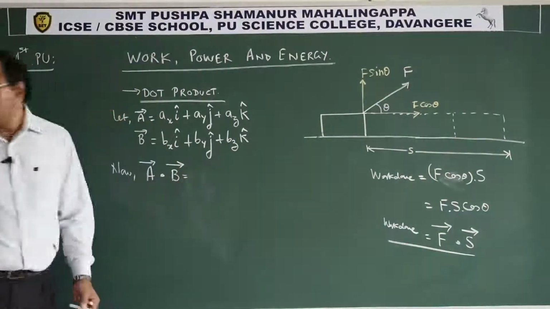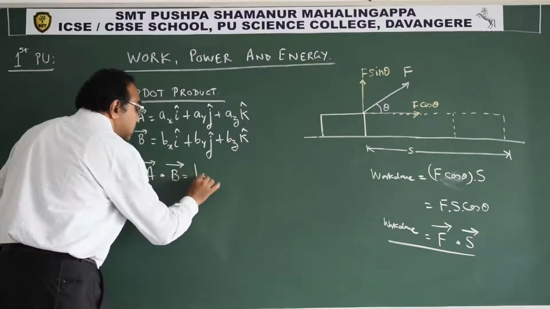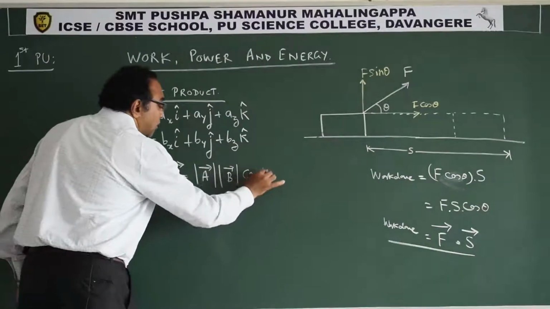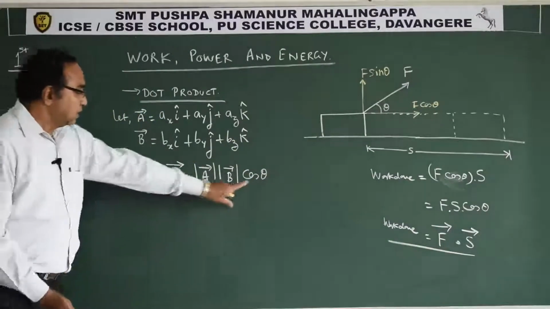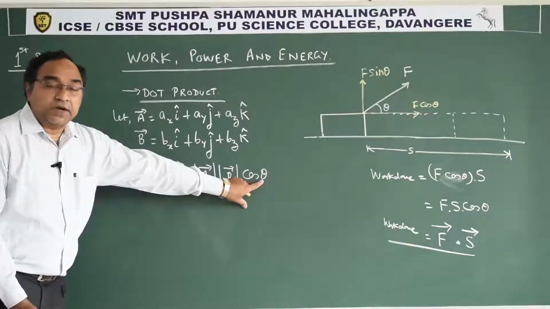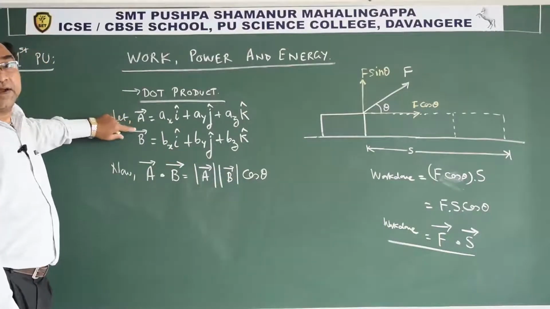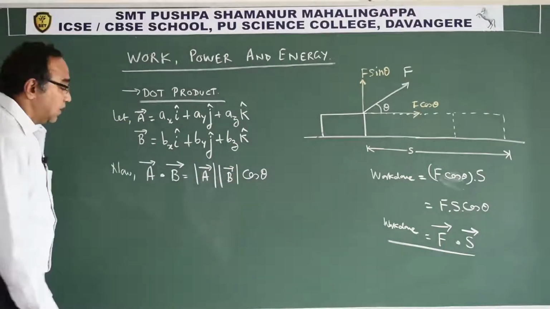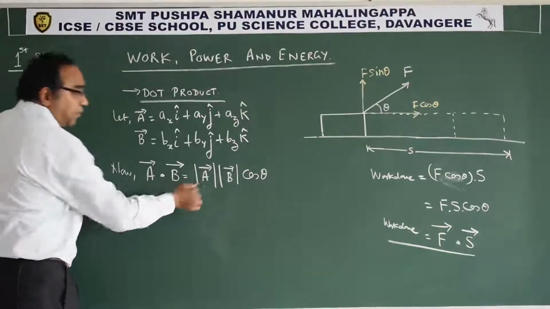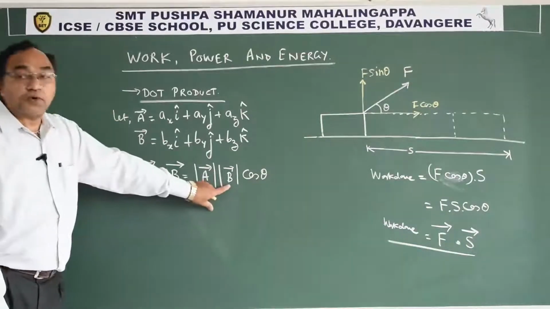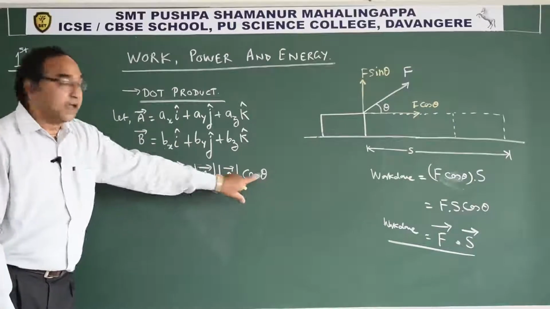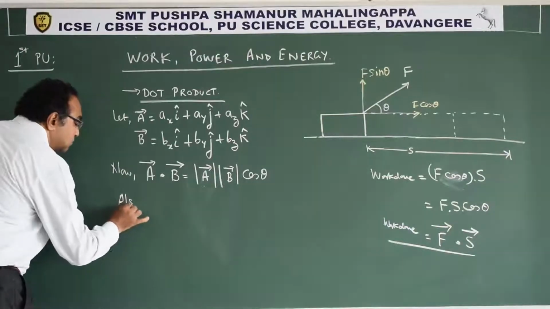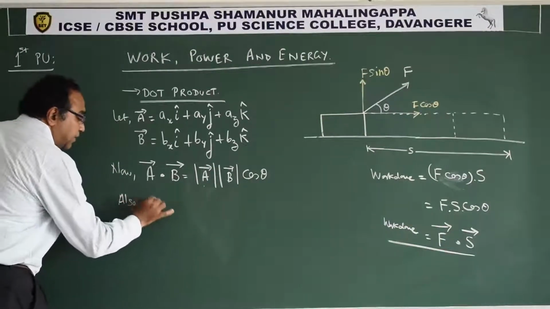The dot product can be said as magnitude of A into magnitude of B into cos of the angle between them. This theta is the angle between vector A and vector B.